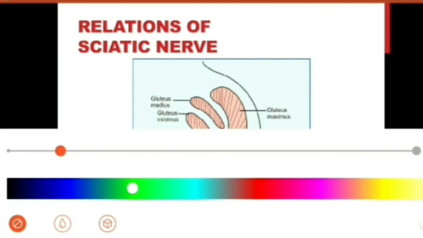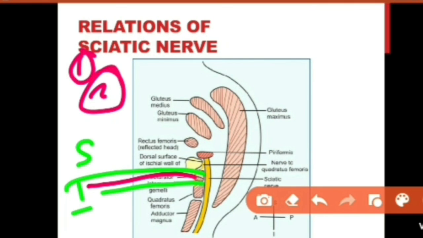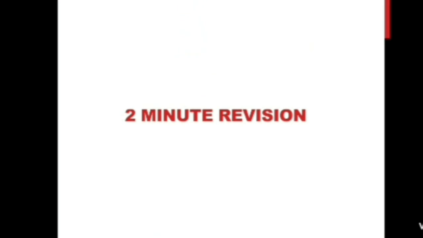Okay, and in between that in red we have our friend obturator internus. Now above downward, so far we've had the body of ischium, the obturator with the superior and inferior gemelli, then we have the quadratus femoris, and the fourth one is going to be the adductor magnus muscle.